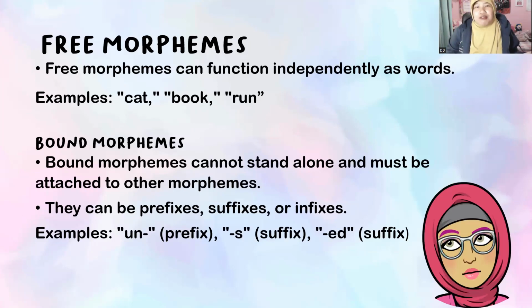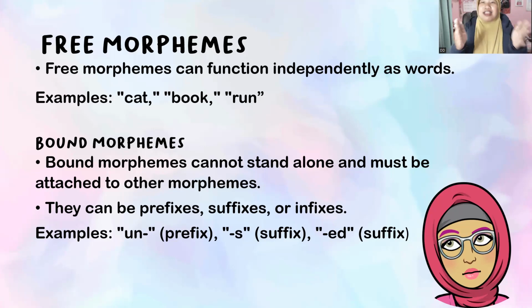As I've said before, there are free morphemes and also bound morphemes. Free morphemes can function independently as words. For example, cat, book, run, smart, or any other things. And there are bound morphemes. Bound morphemes cannot stand alone and must be attached to other morphemes.